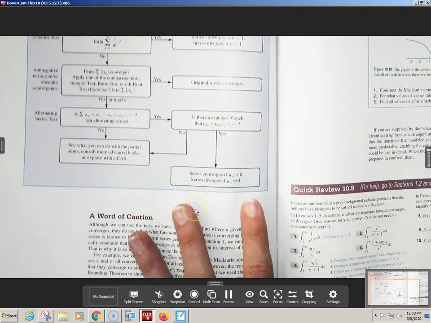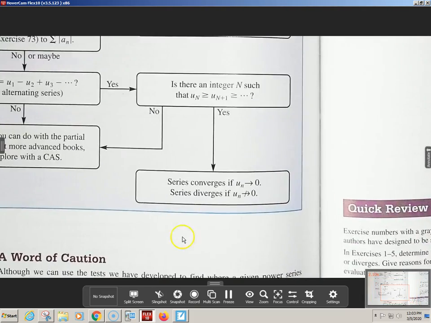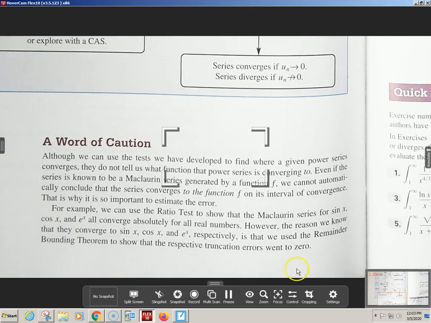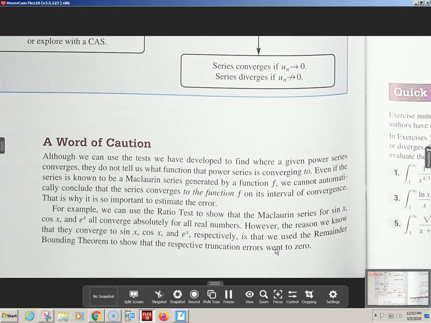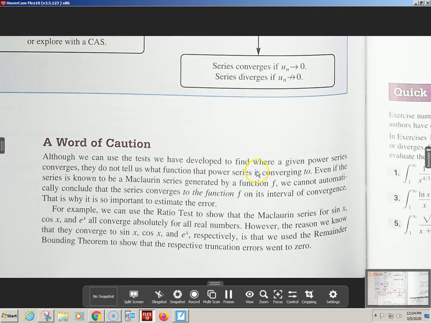And then, it's always good to pay attention when it says a word of caution. They're trying to save us from something. This is just a quick reminder that all of these convergence and divergence tests are just telling us that they converge, not what they're converging to.